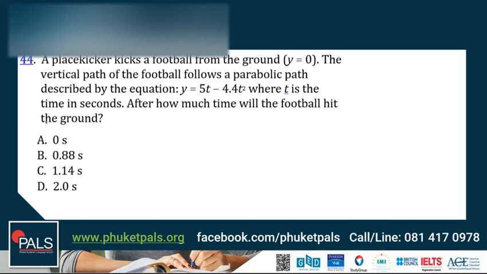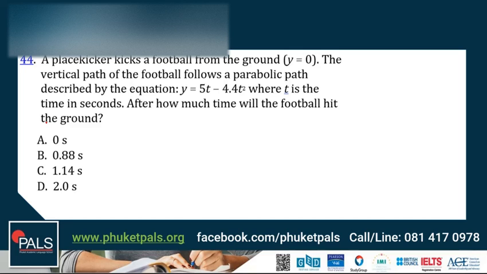44. A placekicker kicks a football from the ground, y equals 0. Then the vertical path of the football follows a parabolic path described by the equation y equals 5t minus 4.4t squared, where t is the time in seconds. After how much time will the football hit the ground?